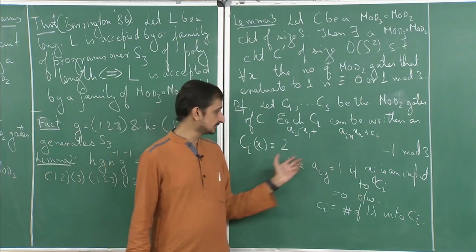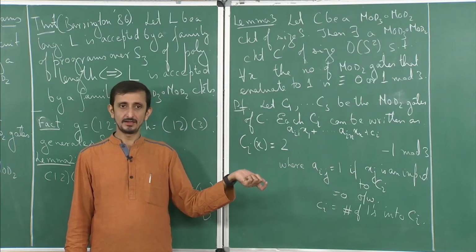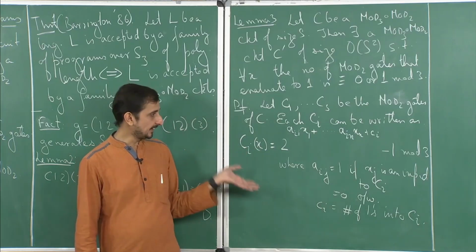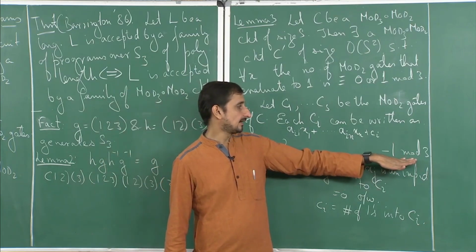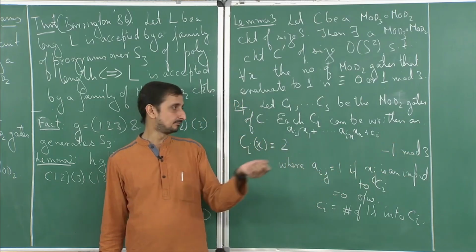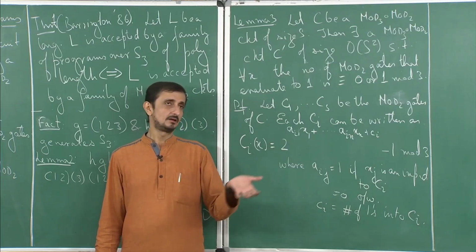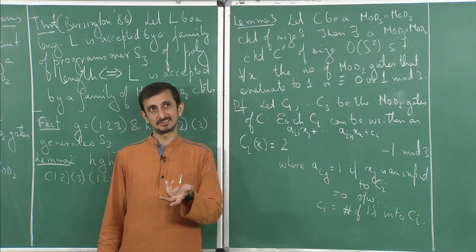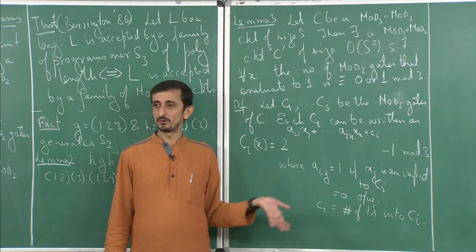Now, what does this turn out to be? So, if you look at any odd power of 2 and you subtract 1 from it, you get basically a number which is congruent to 1 mod 3. Okay. For example, 8 minus 1, 7 is congruent to 1 mod 3, 32 minus 1 is 31 is congruent to 1 mod 3, then next is 127 is again congruent to 1 mod 3 and so on.